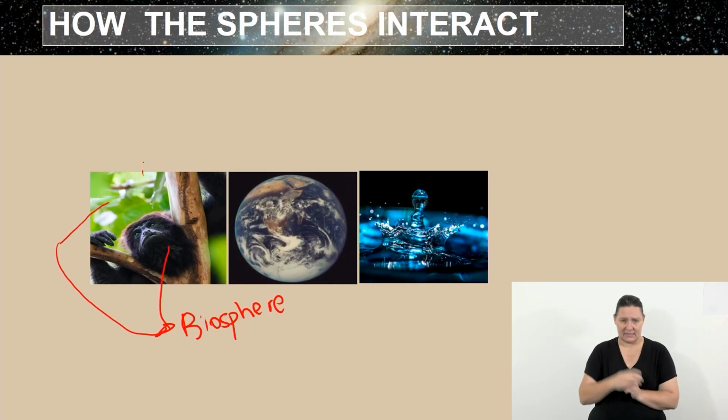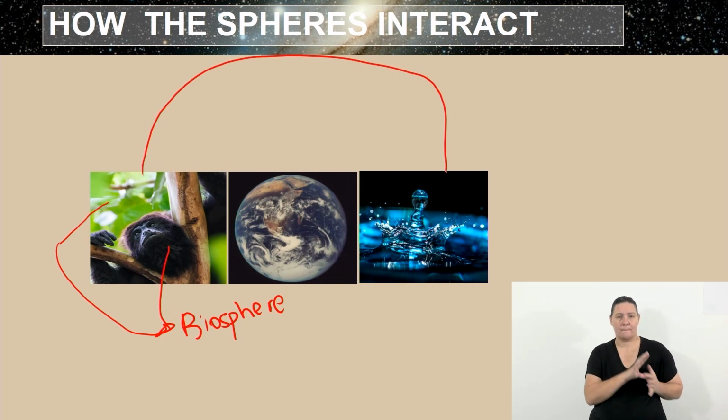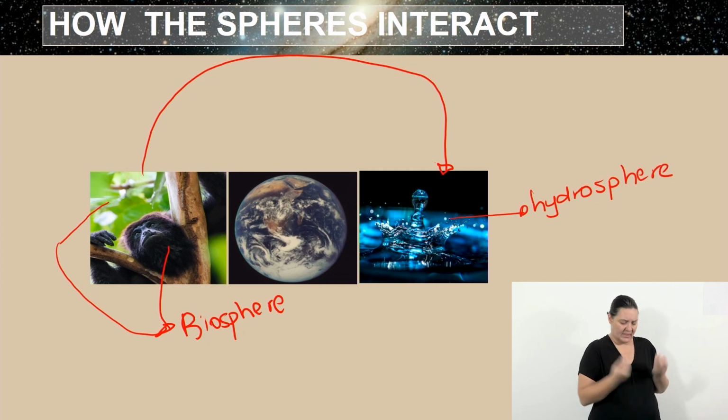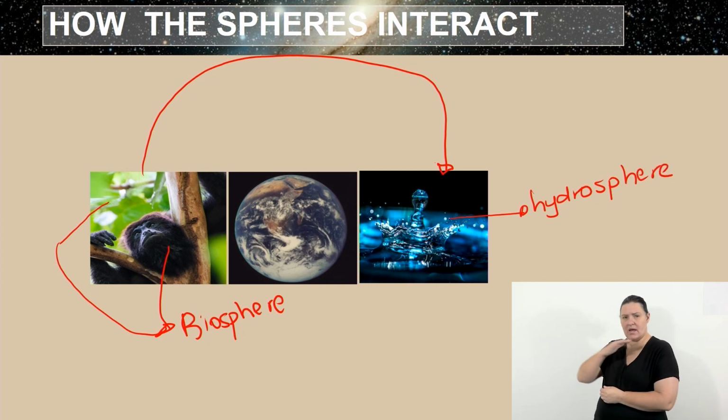Now, in order for life to exist on Earth, we need the biosphere to interact with other spheres. So the biosphere here is going to interact with our hydrosphere. Remember, where we see water, we see the hydrosphere. Now, how do living things interact with the hydrosphere?